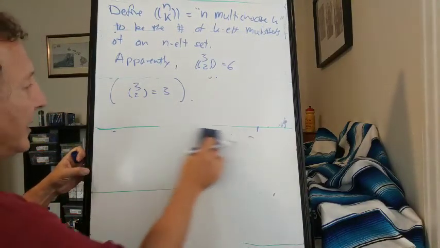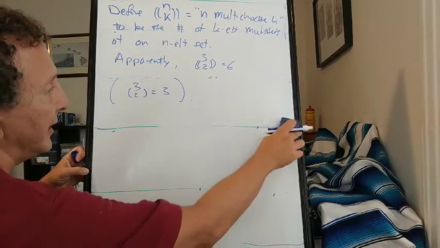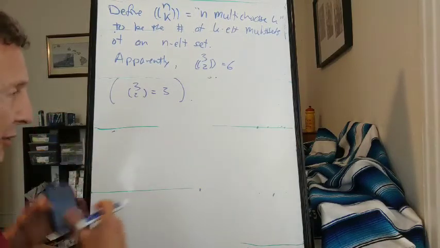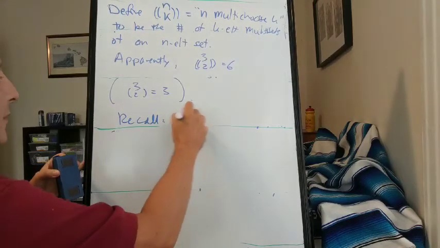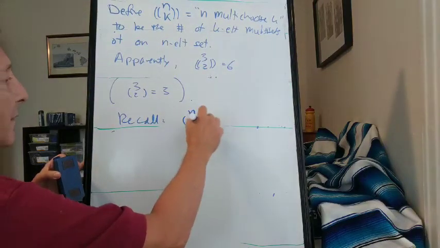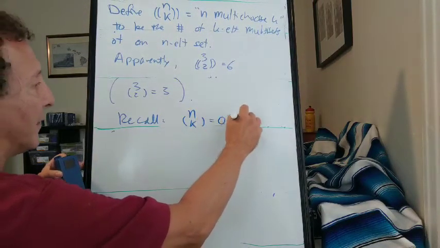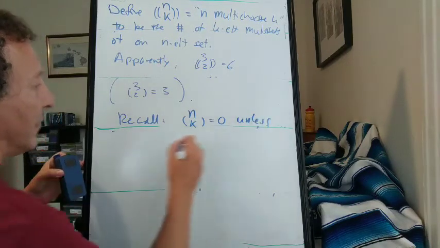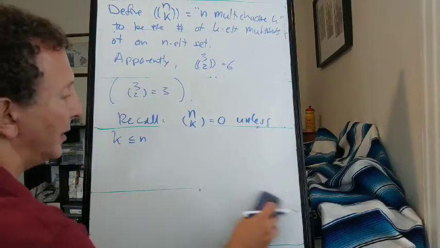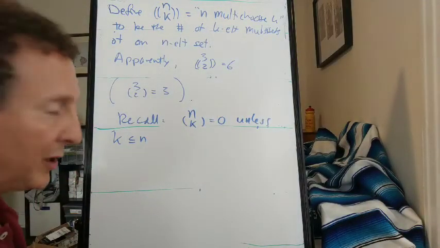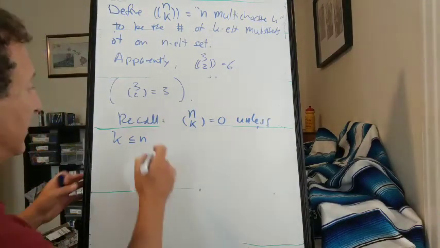Now when we look at n choose k, n has to be greater than or equal to k, or else we get 0. We can't choose 5 things from a 4-element set if we're not allowed to repeat.